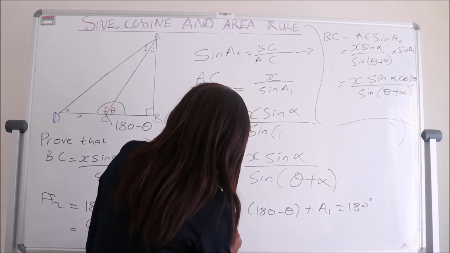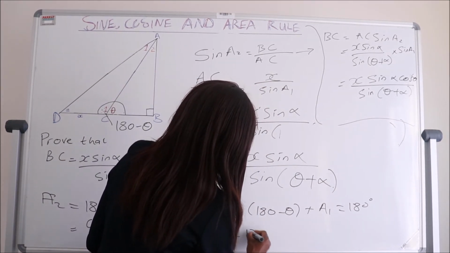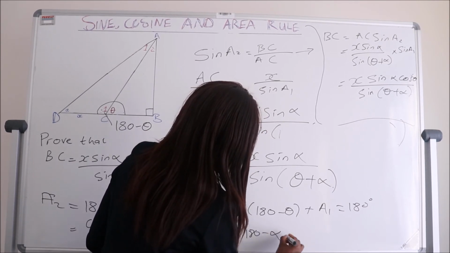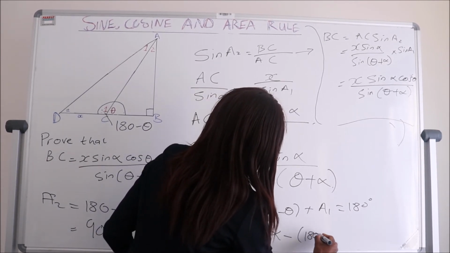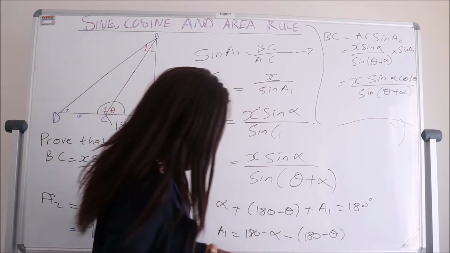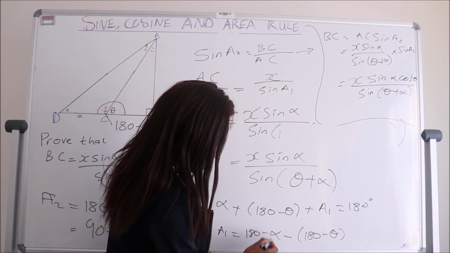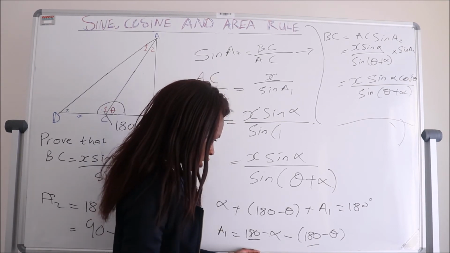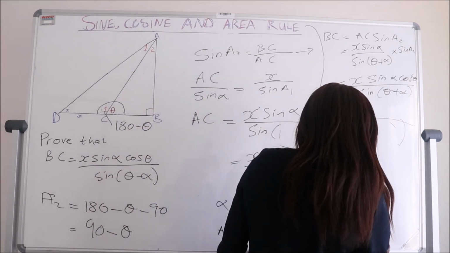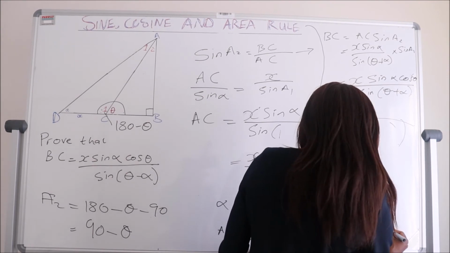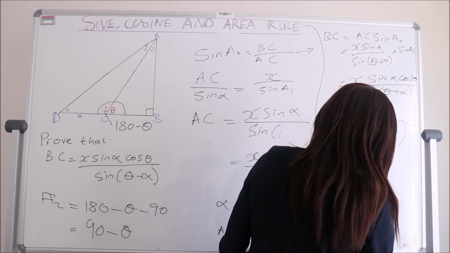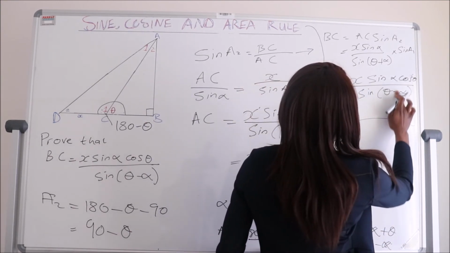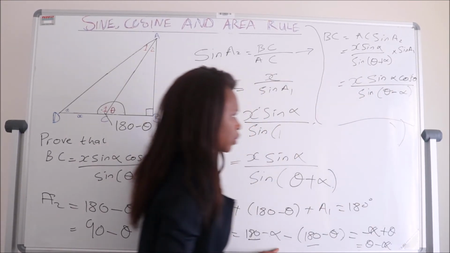Then that makes A1 equal to 180 minus theta, minus beta, minus 180 minus theta there. Then 180 minus 180 will be 0. Alright, then this will be equal to negative beta plus theta, which is equal to theta minus beta. I'll just write it this way. So it makes sense, this is actually a negative, not a positive.